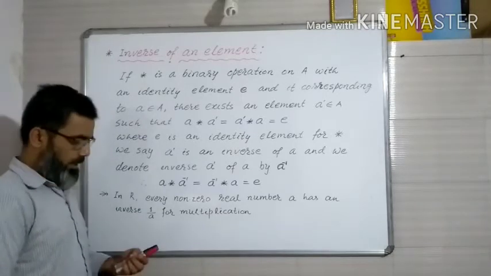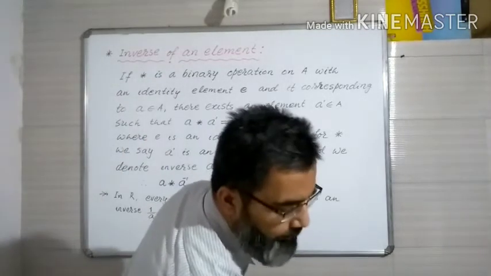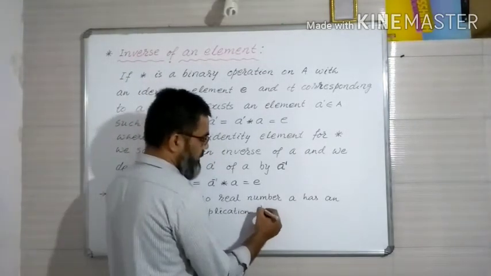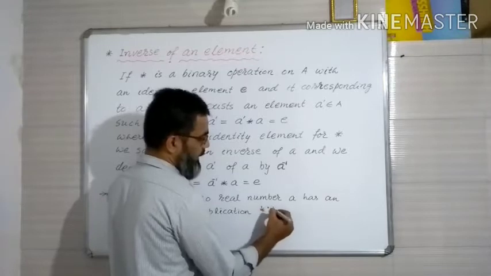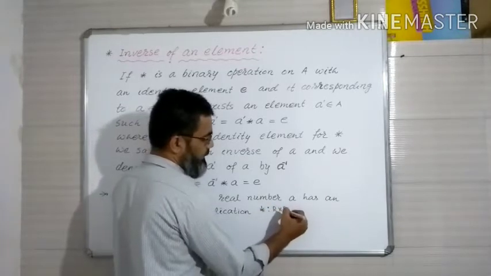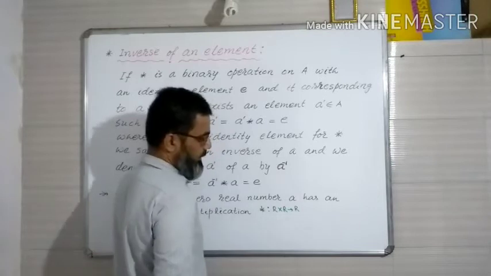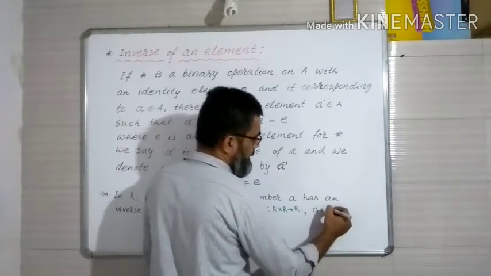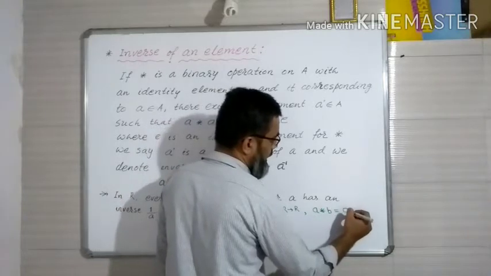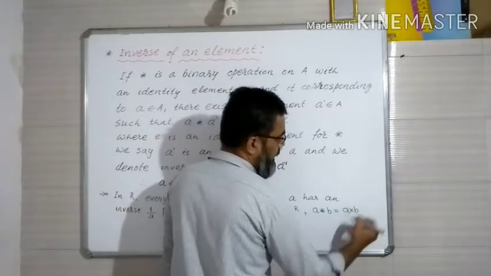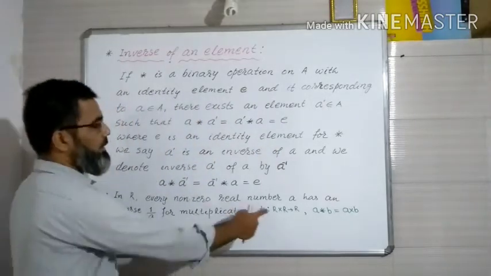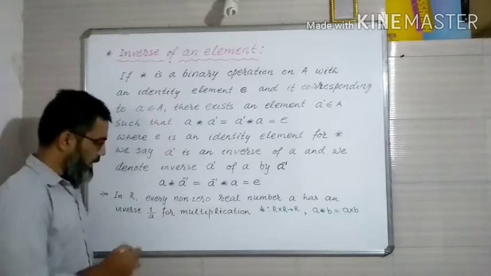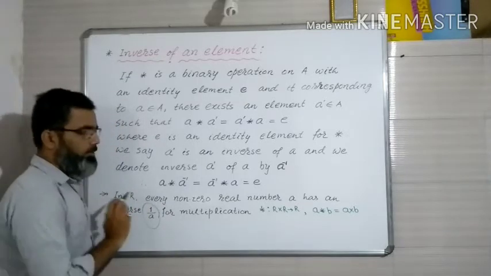For multiplication बोला है, इसका मतलब अगर हम ये बाइनरी ऑपरेशन R पे लेते हैं तो हम ऐसे लिखेंगे R cross R to R। मल्टीप्लिकेशन के लिए बोला गया है a star b is equal to a into b। ये बाइनरी ऑपरेशन हुआ। अब इसके लिए हमें इनवर्स फाइंड करना है और प्रूव करना है कि 1 upon a होगा। तो कैसे करेंगे?